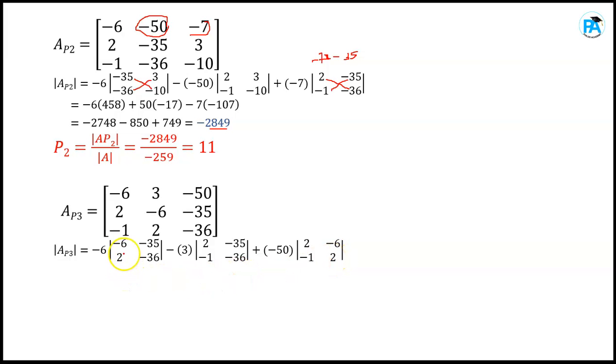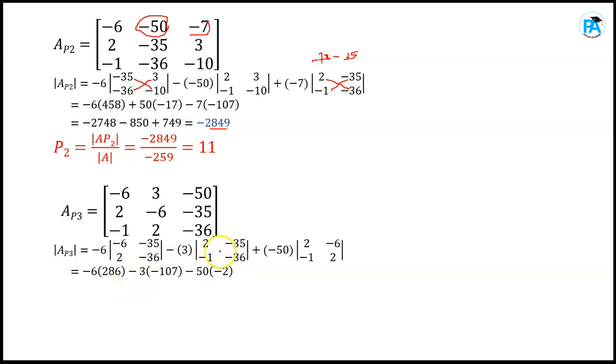So that will give us negative 6. When you find the determinant of this, negative 6 times negative 36 minus 2 times negative 35 should give you positive 286. So negative 6 times positive 286. Then negative 3.